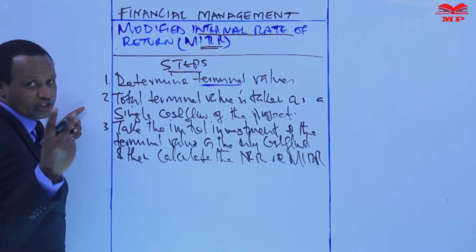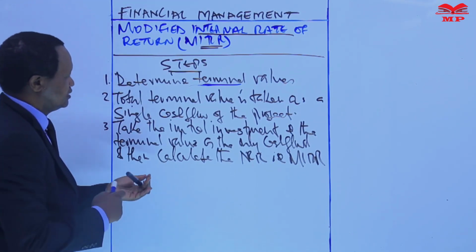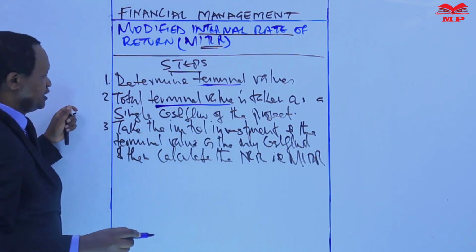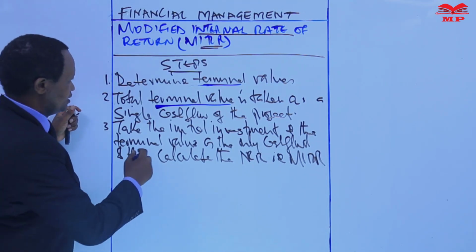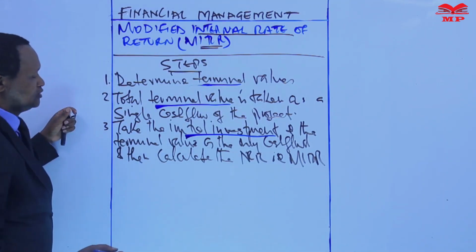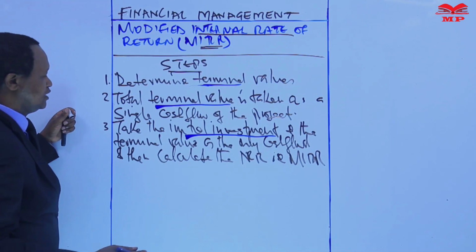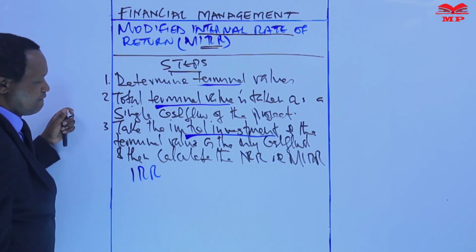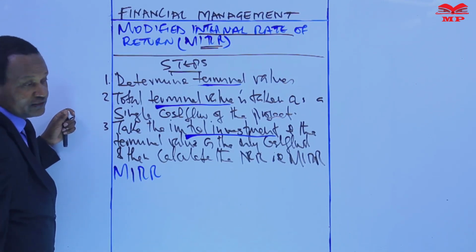So you only need two values. That is the terminal value and the initial investment. They are just two things. Then you have your IRR, the MIRR, which is then modified.